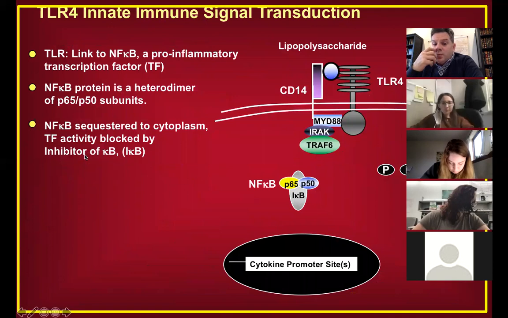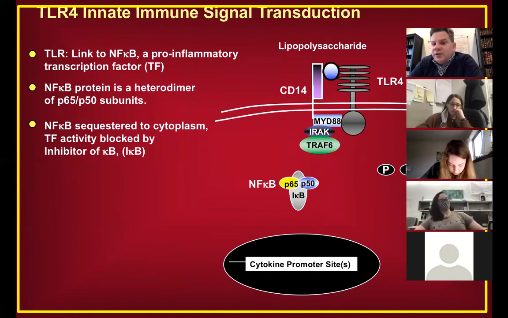Okay, so why is that important? So here's my version of that slide, and I think you should know this. I always ask a question about Toll and NF-kappa B. So let's just go through this with this LPS example. You have LPS bind to Toll-4. It requires a cofactor, which is CD14.